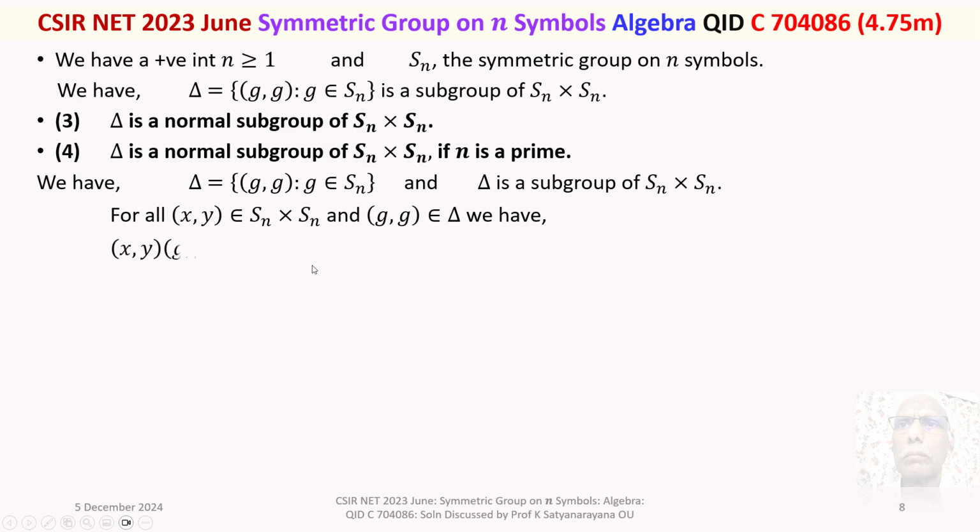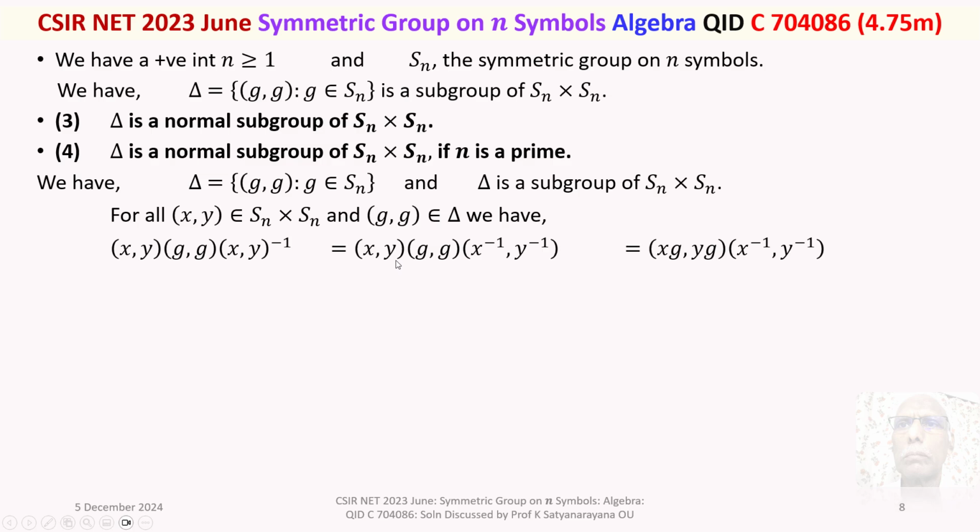We have (x, y) composed with (g, g) composed with (x, y) inverse, that is g h g inverse, and that is equal to (x, y) multiplied, composed with (g, g). Now (x, y) inverse in Sn cross Sn, what is the inverse of (x, y)? (x inverse, y inverse).